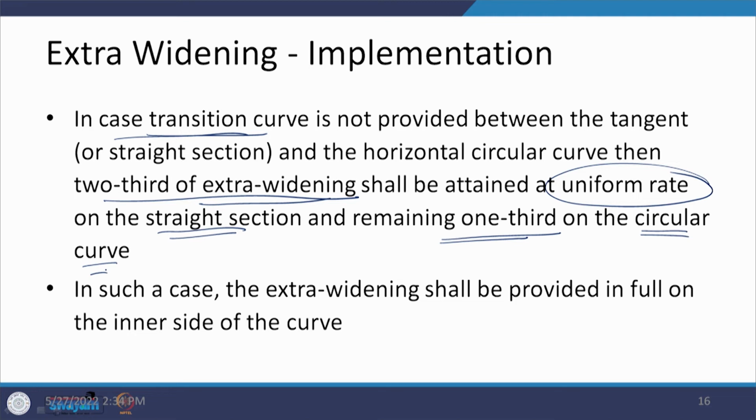So, this is how we are going to proceed, and in such cases the extra widening shall be provided in full on the inner side of the curve. So, if we do not have the transition curve, the first criterion is 2/3 plus 1/3, on the transition curve and circular curve, and another thing is on the inner side. So, that is how we are going to implement it.